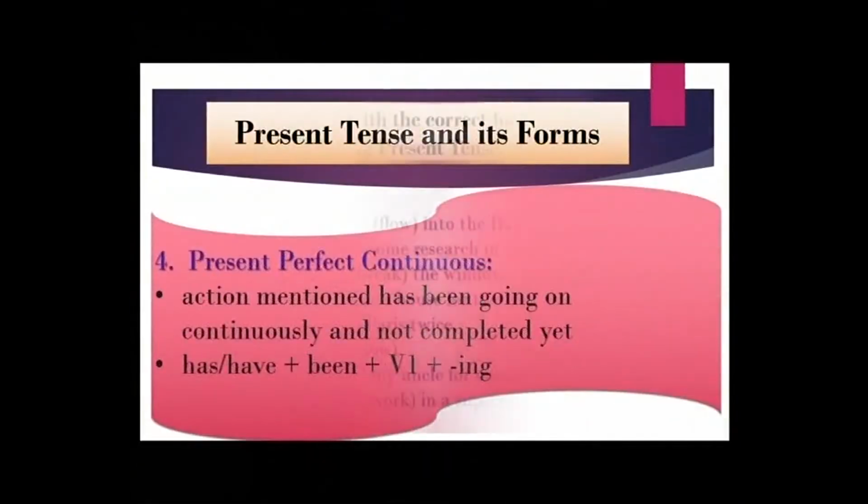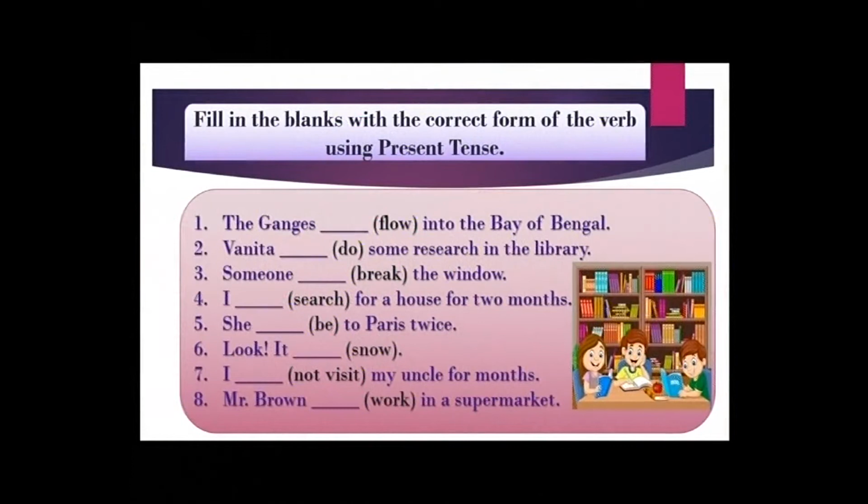Very good. Now, fill in the blanks with the correct form of the verb using present tense. This is a practice exercise for you people, so that you can understand the present tense perfectly. So, first, the Ganges dash flow into the Bay of Bengal.